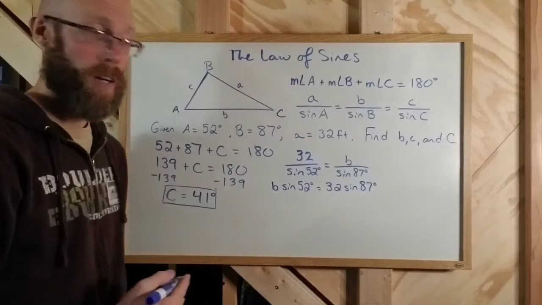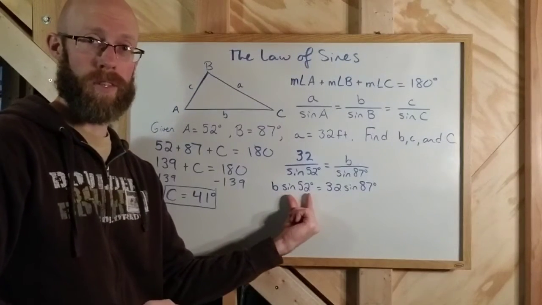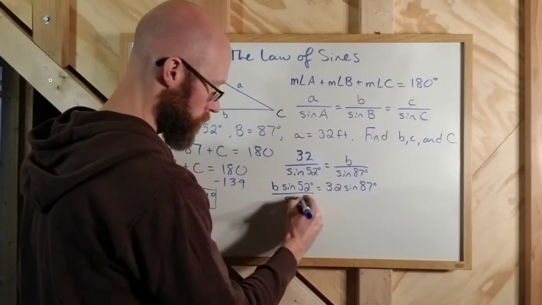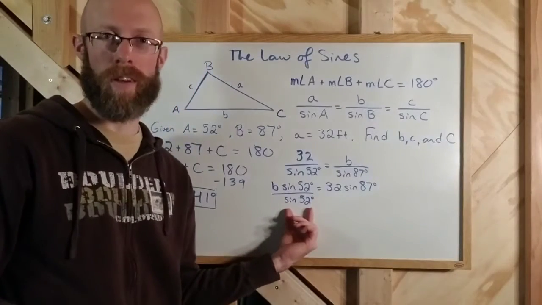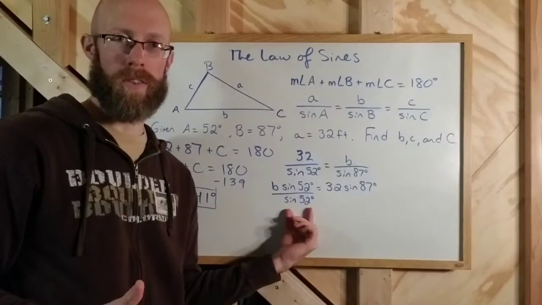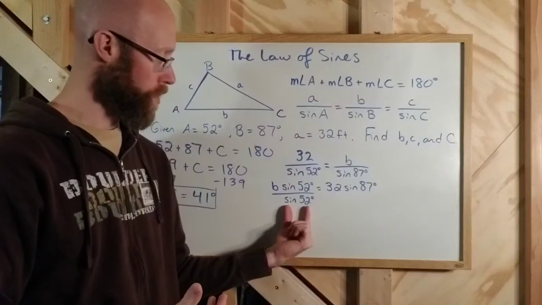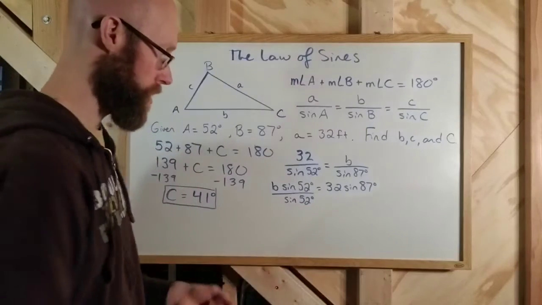Okay. Now to solve for b, I would have to divide out the sine of 52. You could type that into your calculator. You're going to get a nasty decimal there, and it doesn't make a lot of sense to try to write that decimal or round it off somewhere. So I'm going to keep the rounding till the end and just work with that sine expression.